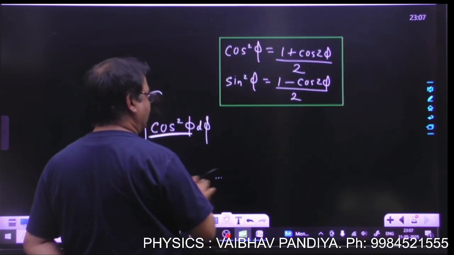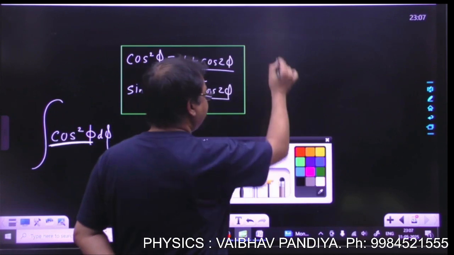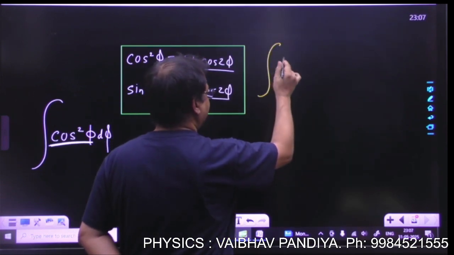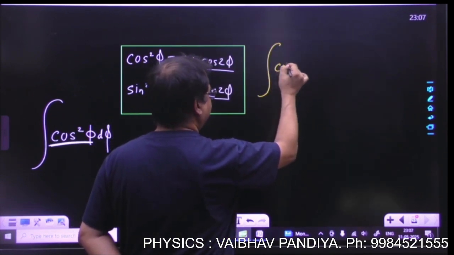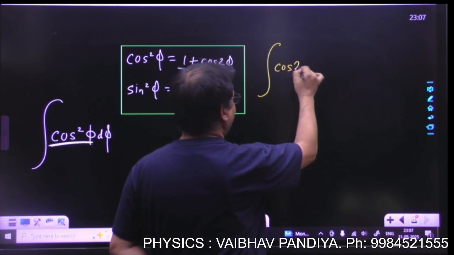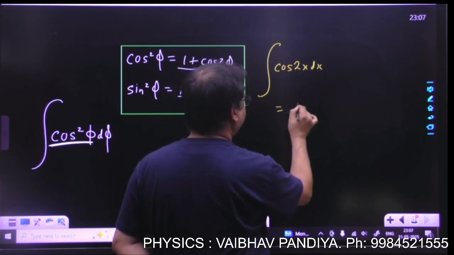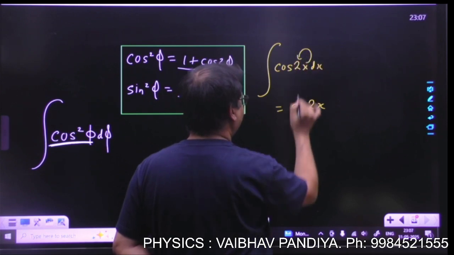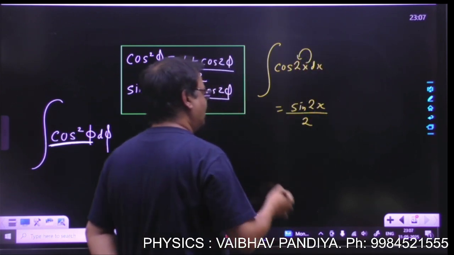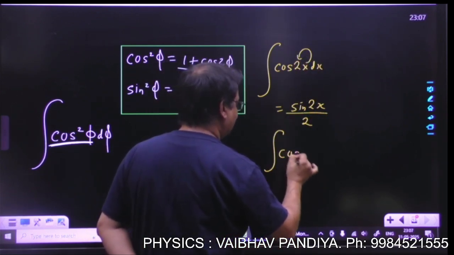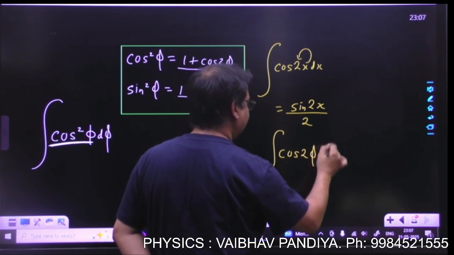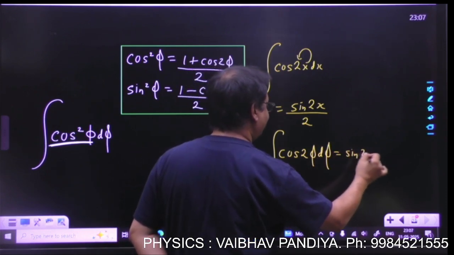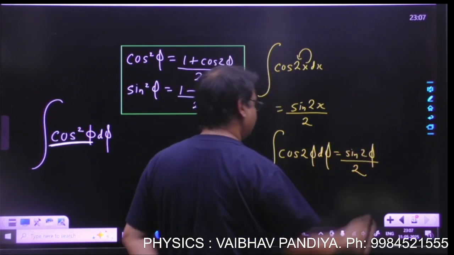Okay, number 1. Number 2, we have seen in integrals, if you are doing the integral of something like cos 2x dx, your answer will be sin 2x, and then you have to divide by the coefficient of x, that is 2. So if you are integrating cos 2 phi d phi, the answer will be sin of 2 phi by 2. Got it?